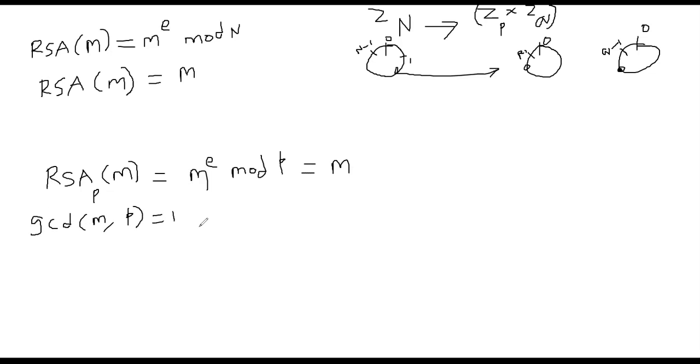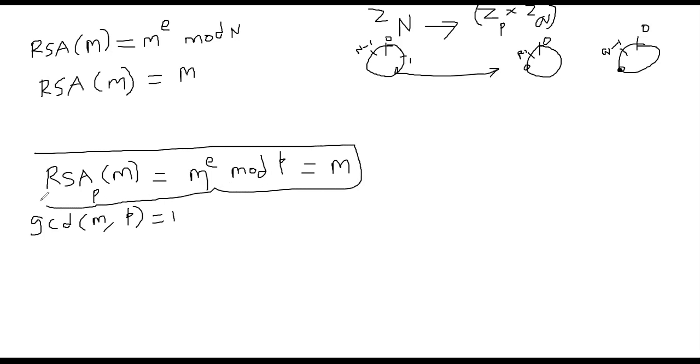With that assumption, we can easily solve this problem as follows. Our goal is to find how many m exist such that m power e mod p is the same as m. That's our goal. Let's assume m power e mod p is m. What does it really mean? It means since m is not a multiple of p, we can write it as m times m power e minus 1 mod p, which is still m.